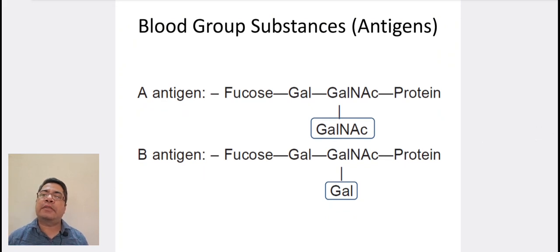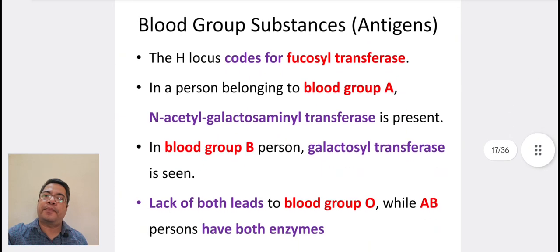In this diagram, we can see blood group substances in which antigen A has N-acetyl galactosamine linked to the third residue, whereas in B antigen, galactose only is linked to the third residue. The H locus codes for fucosyl transferase.